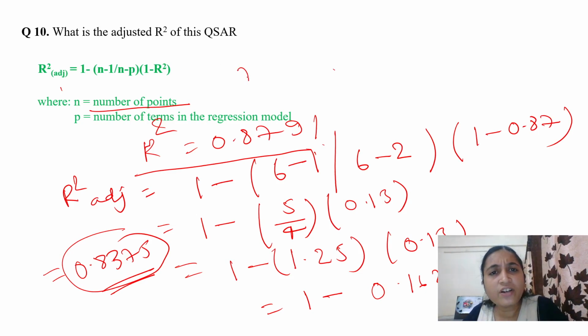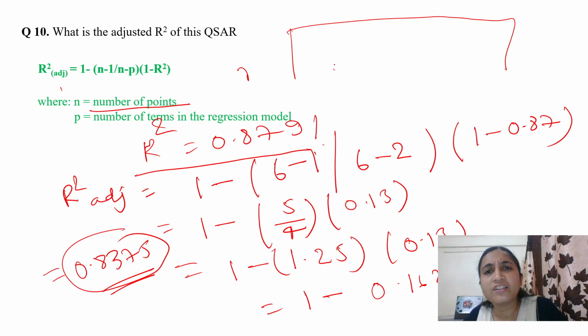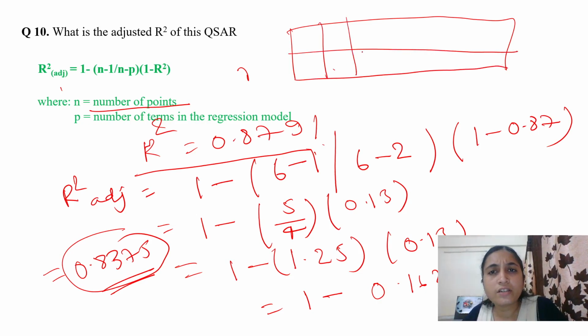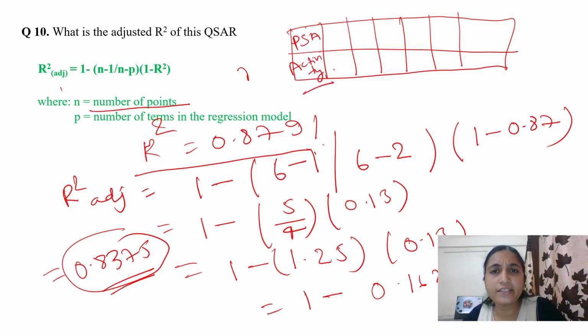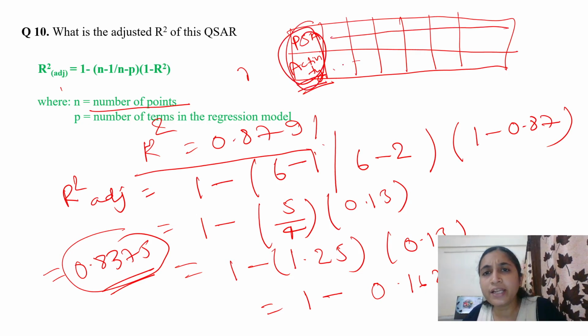In the question it's given, na. In the question, PSA and activity are given, right? This thing is given, so this is the P. And this 6 value is given on this side.